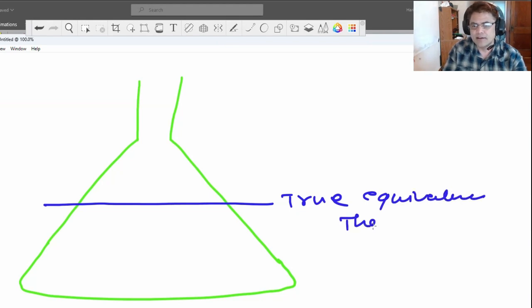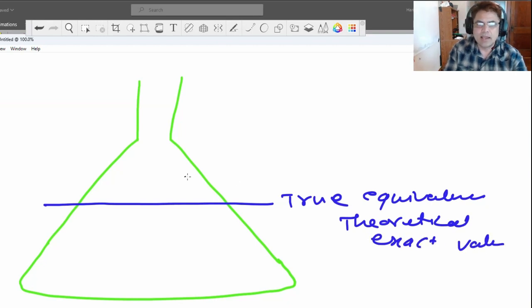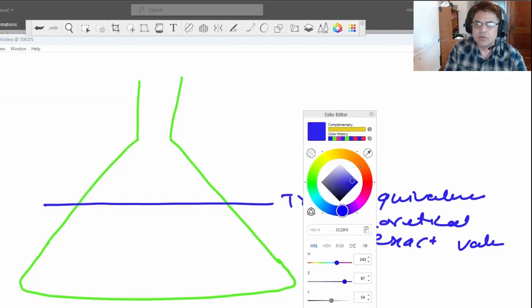It is theoretical, the exact value. And somewhere after that, very close to that, you will have an end point. Let's say this is your end point.